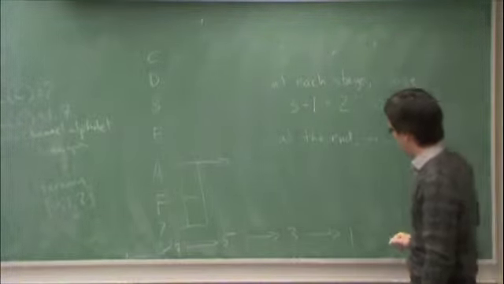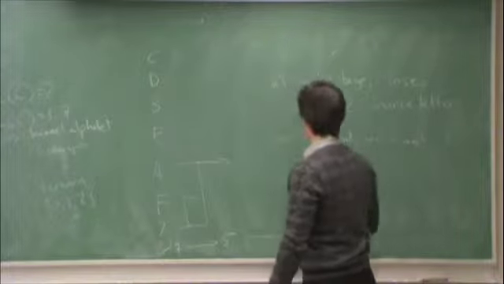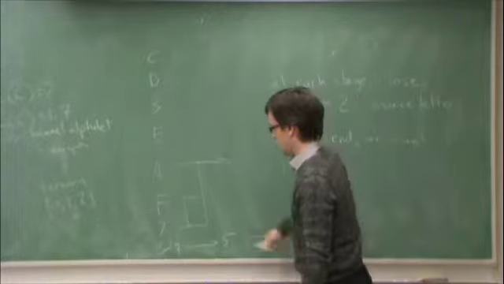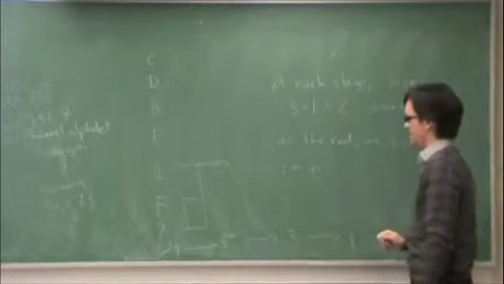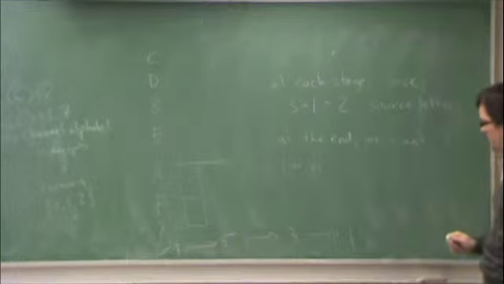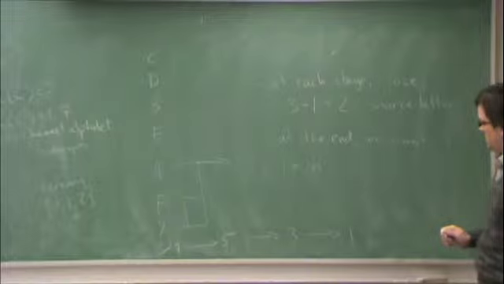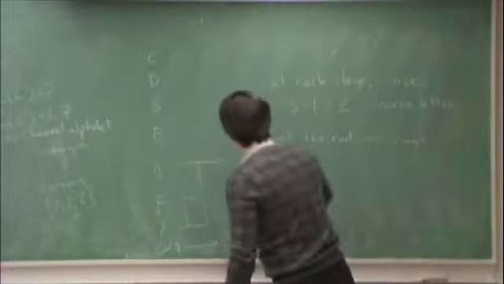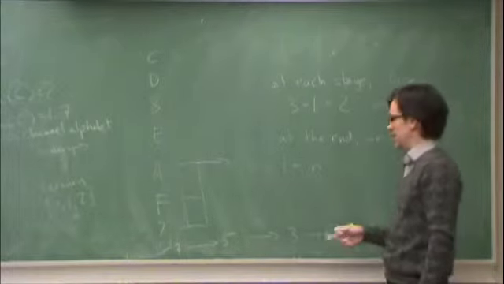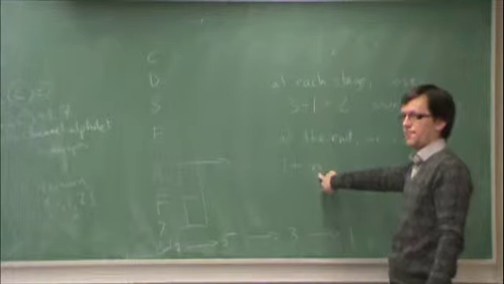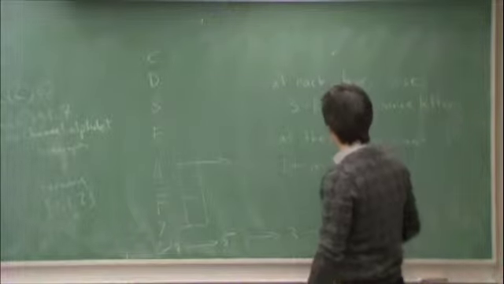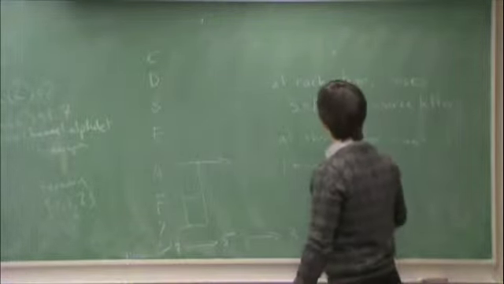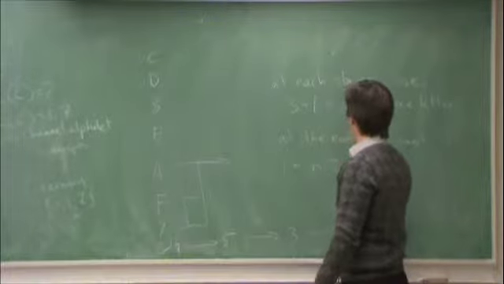So in other words, the number of source letters we want is 1 plus n, where n is the number of iterations in the Huffman procedure, times 2.